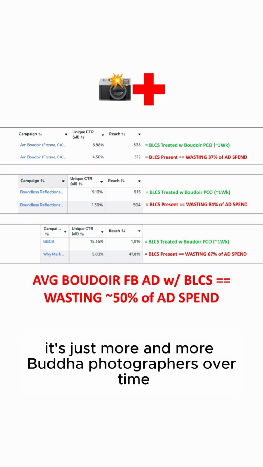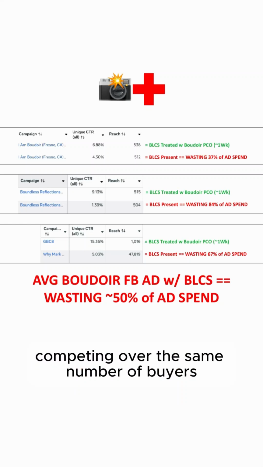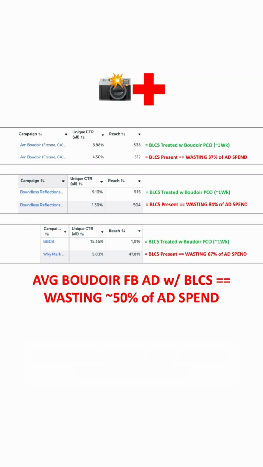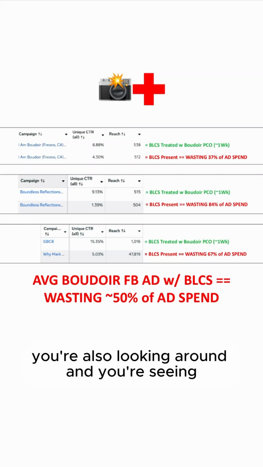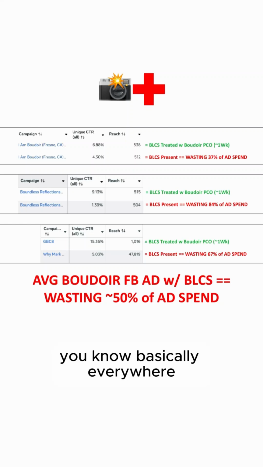So it's just more and more boudoir photographers over time, competing over the same number of buyers, harder to stand out, harder to differentiate. And you're also looking around and you're seeing inflation, cost of living going up all around the place, basically everywhere.